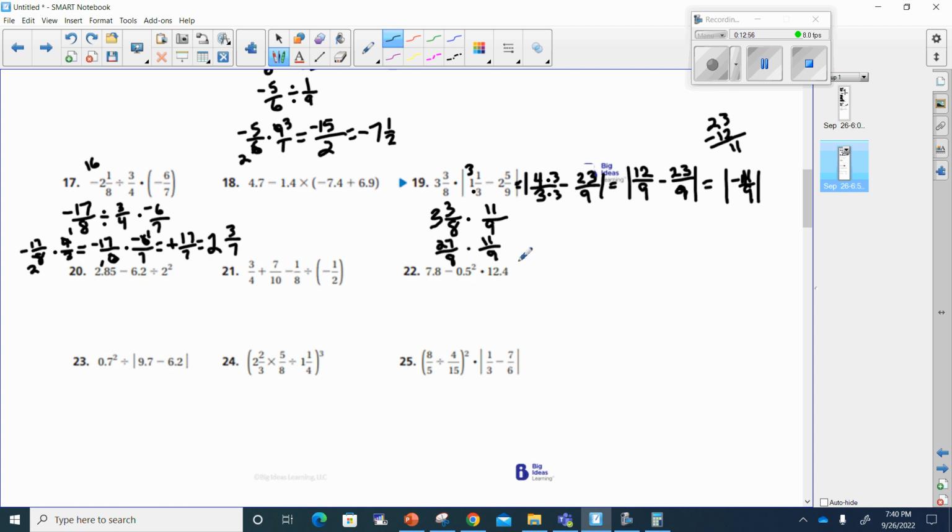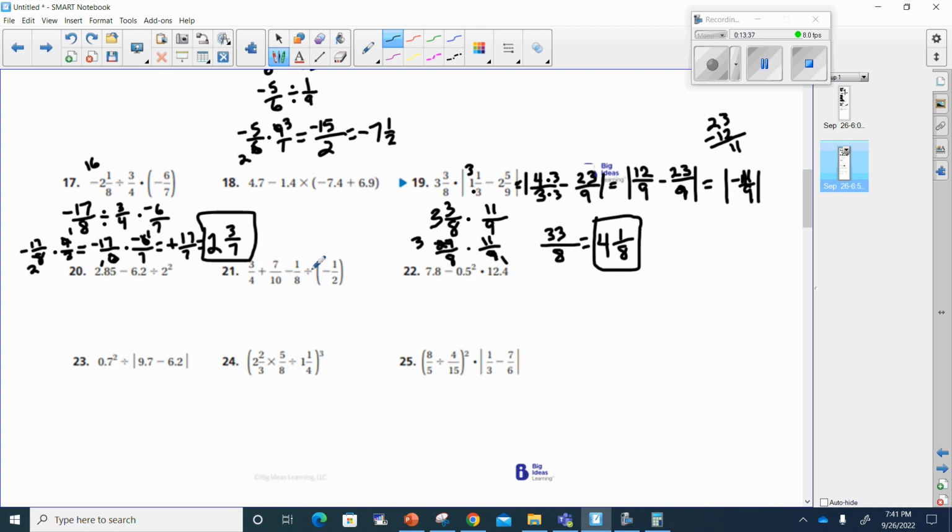I could say that 9 goes into 27 3 times. 3 times 11 is 33. And 8 times 1 is 8. 8 goes into 33 4 times with 1 left over. So I think my answer should be 4 and 1/8. Yeah, we'll put 4 and 1/8 as our answer here. Let's not forget this one was 2 and 3/7. I'm on to 21 now.